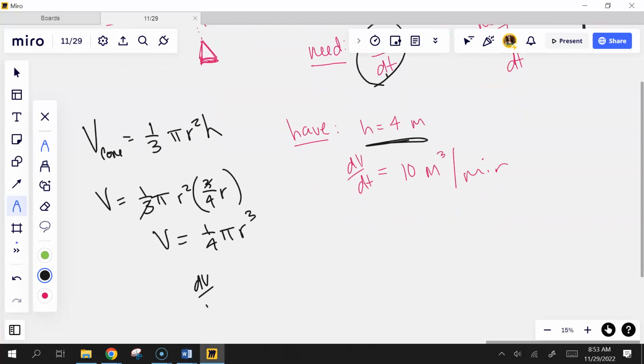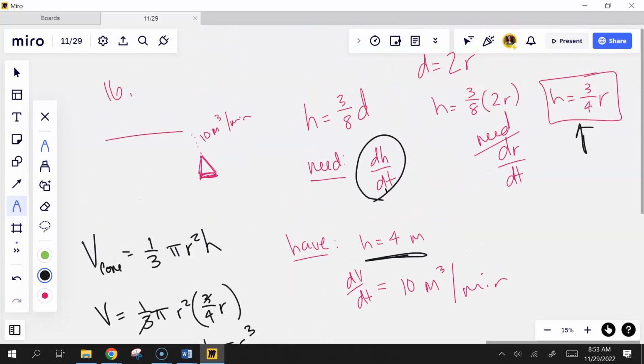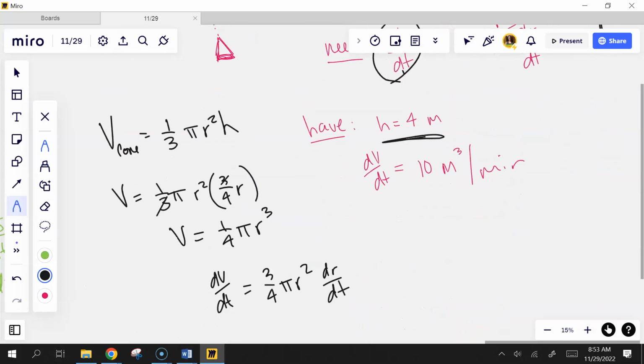dV/dt is equal to 3/4 pi r squared dr/dt. I know that dV/dt is 10.